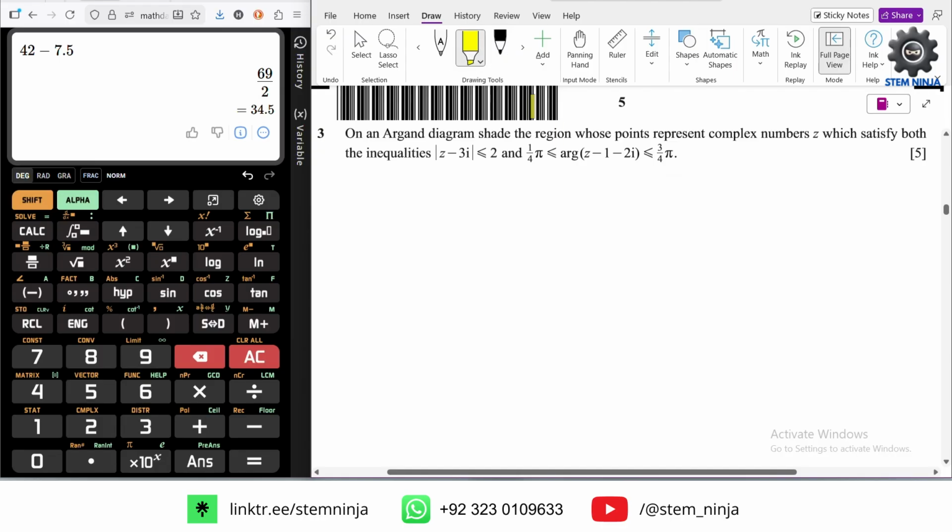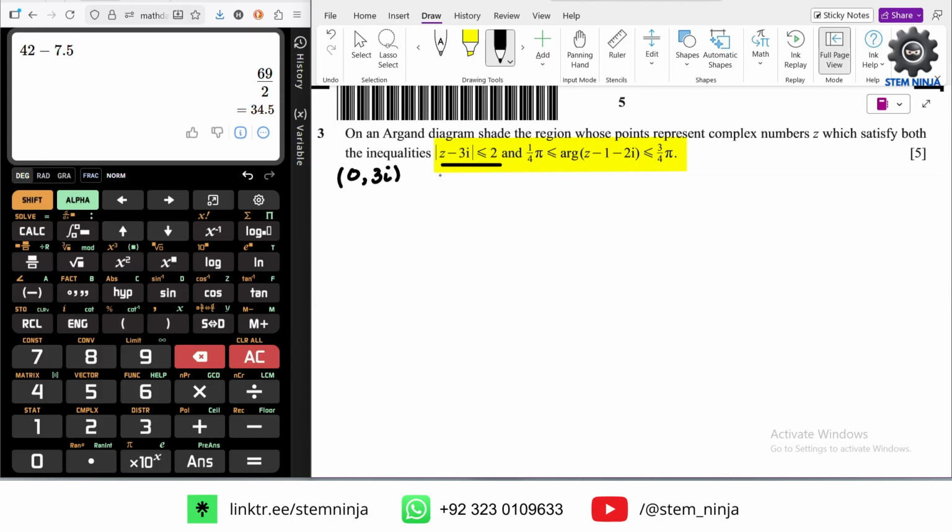On an Argand diagram, shade the region whose points represent complex numbers z which satisfy both the inequalities |z minus 3i| less than or equal to 2. So this is a circle of radius 2, and the center would be 0, 3i, right?